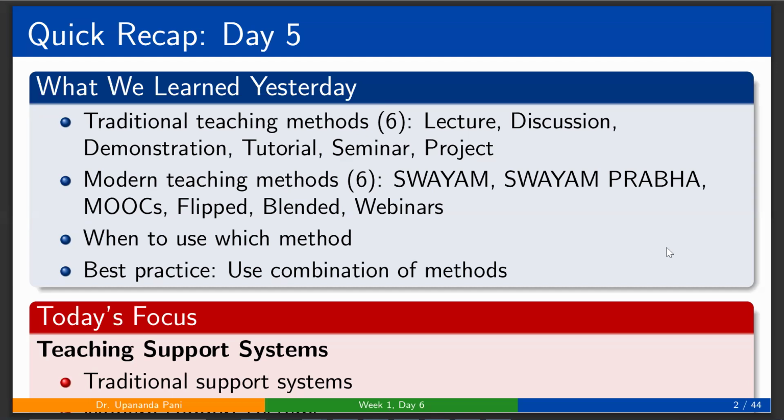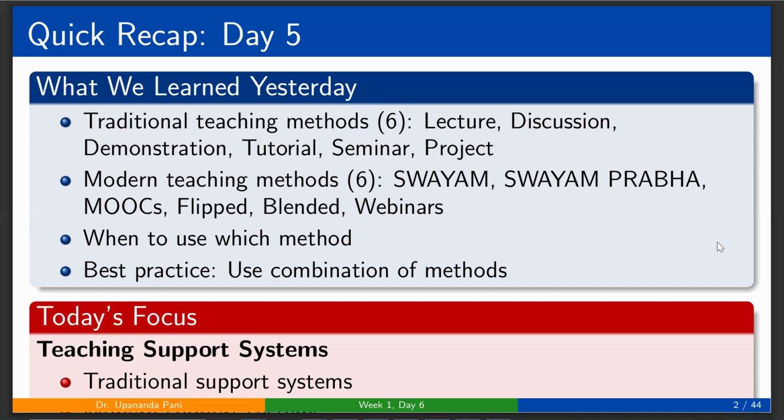So what we learned yesterday is that obviously there are 12 teaching methods. The six traditional teaching methods are lecture, discussion, demonstration, tutorial, seminar, project, and there are six modern teaching methods: Swayam, Swayamprabha, MOOCs, flipped classroom, blended learning, then webinars.